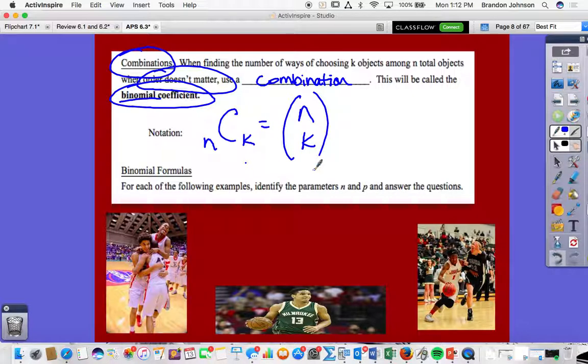Okay, Matthew, you with me? K or NCK? Both of these are the same thing. Is the NCK the same thing as the probability of X equals K, since that's what it says on our formula?